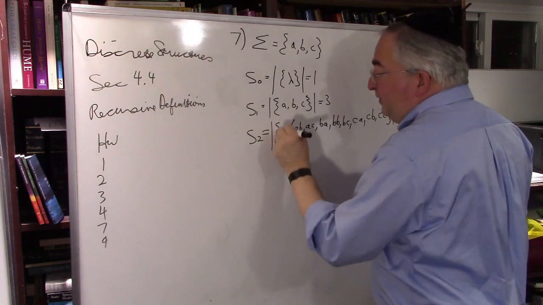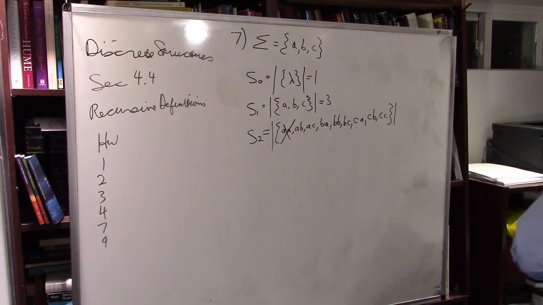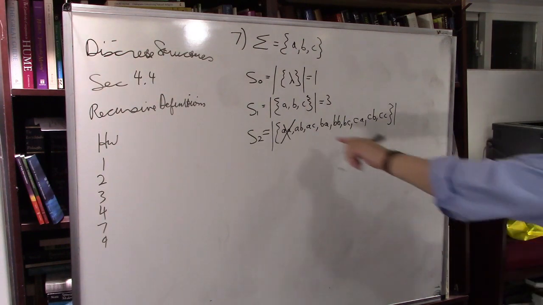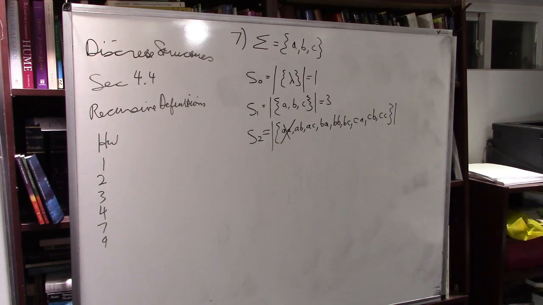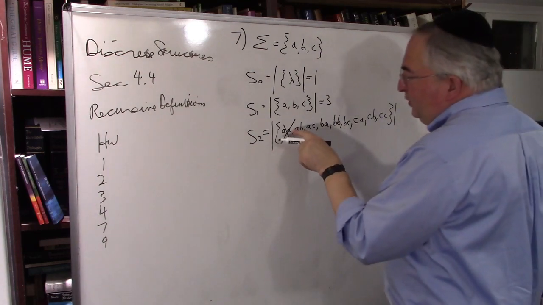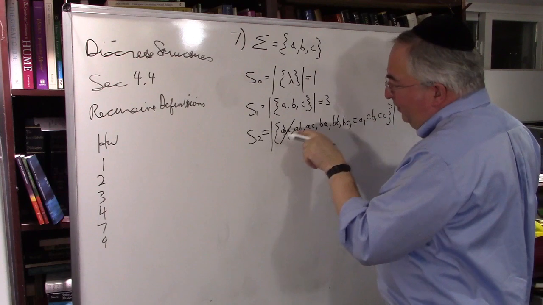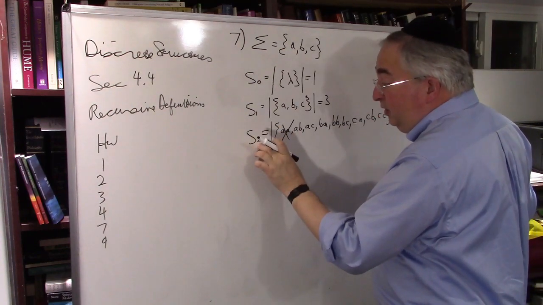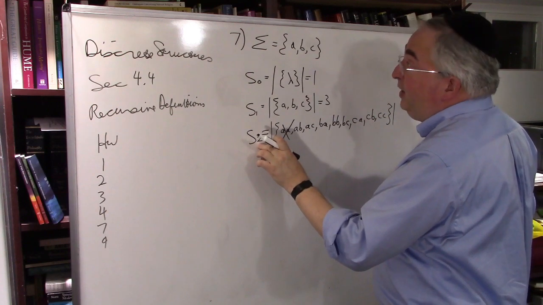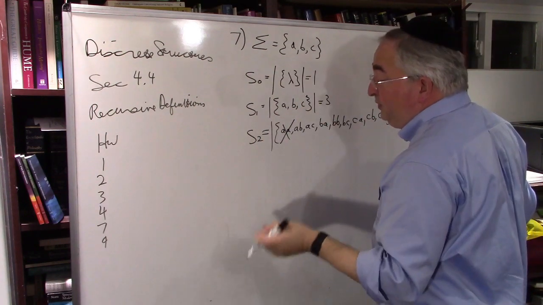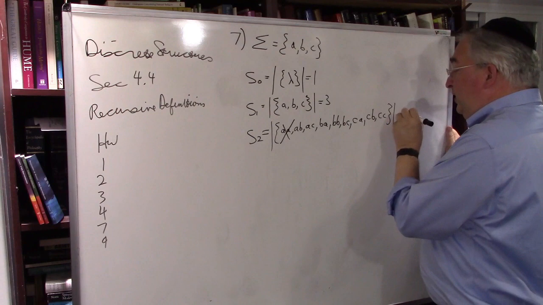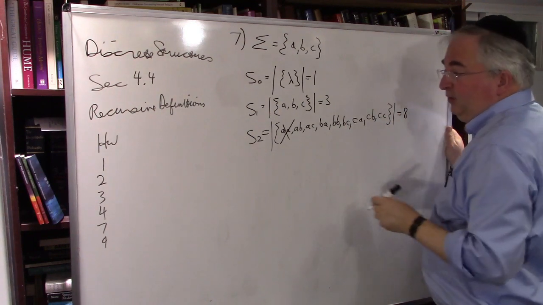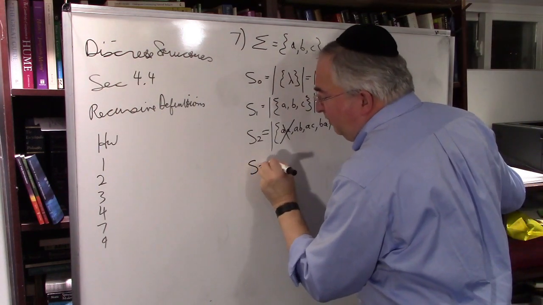Let's read that carefully: that do not contain the string AA. We don't want that one. This is very simple because we have 3 times 3, 9 words of length 2, minus 1 of them is 8.